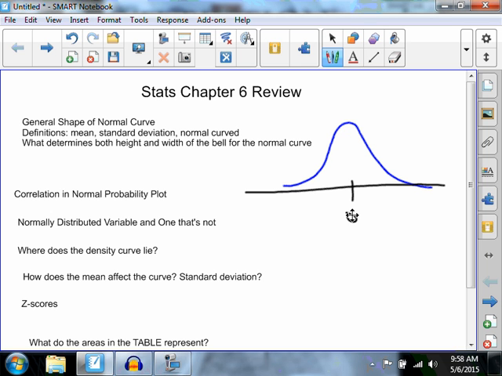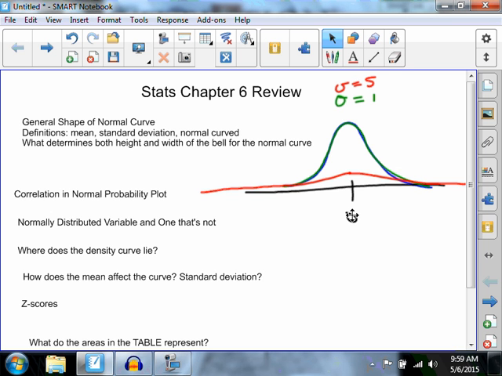What affects the height is the standard deviation. Let's think about this. Suppose the standard deviation is 1. Okay, if the standard deviation is 1, well, then we'll have a curve that kind of looks like this. Okay, if the standard deviation were much larger, suppose it's 5, well, that curve is still going to have its peak in the center, but it is going to be much wider because the data is more spread out, because on average, one item differs from the next by 5.